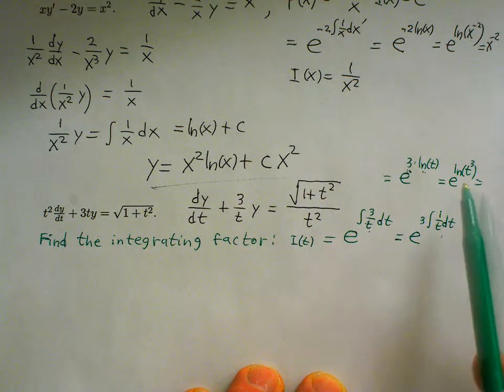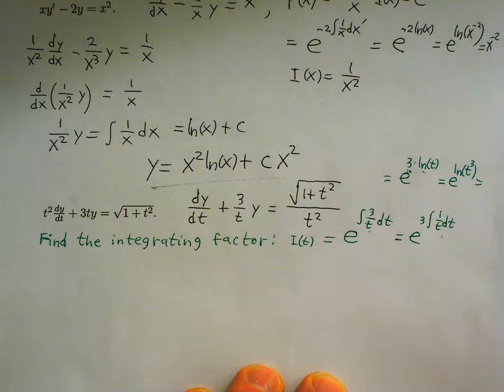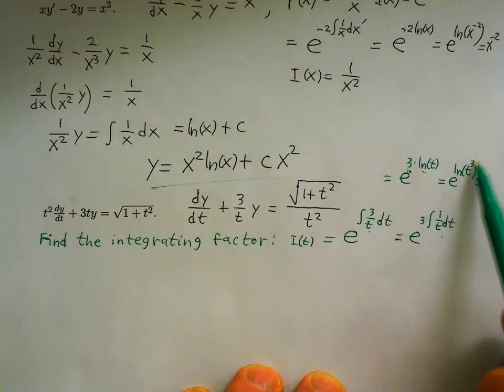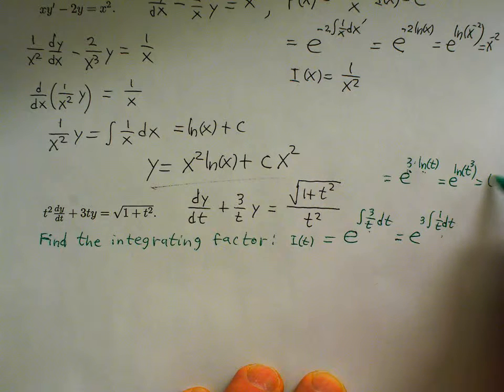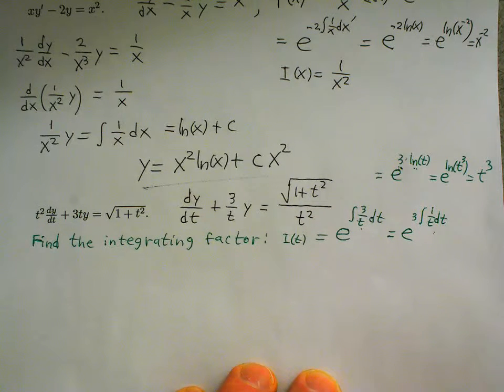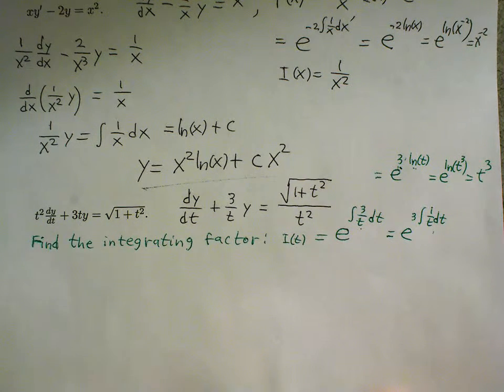And e to the natural log of something is whatever that something is. So in this case, e to the natural log of t to the third is t to the third. Is that what you got? Okay, that's the integrating factor.